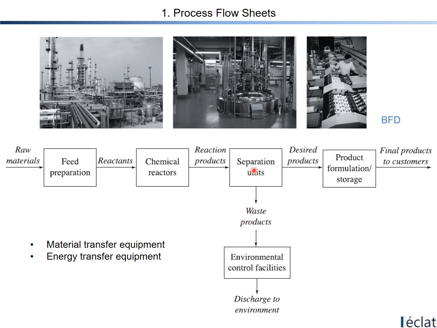So let me follow this line, and then the desired product is transferred to product formulation unit or storage, and then the final product is going to customers. Or the waste product is going to environmental control facilities, and then with some treatment, these wastes are discharged into the environment.